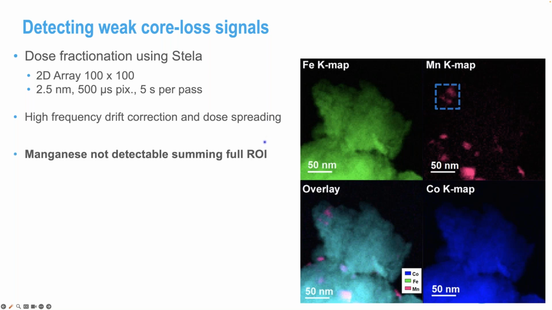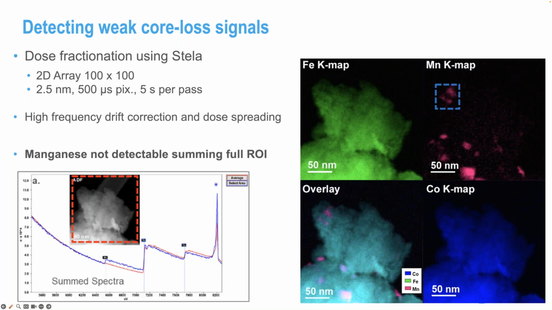Okay. So one final thing with this particular data set is the manganese was not detectable if the full ROI here is summed. So that's important. The manganese here is localized to these precipitates in the iron cobalt matrix.